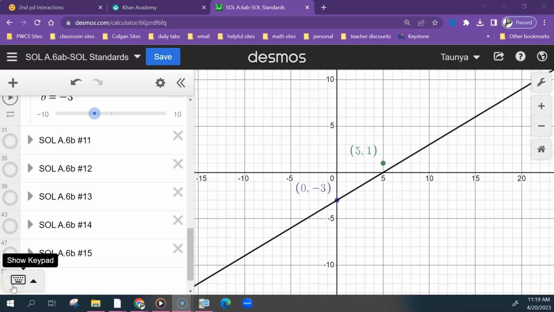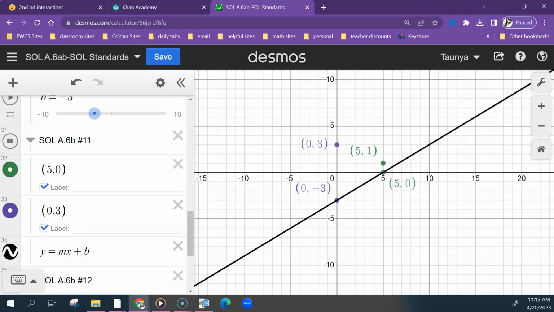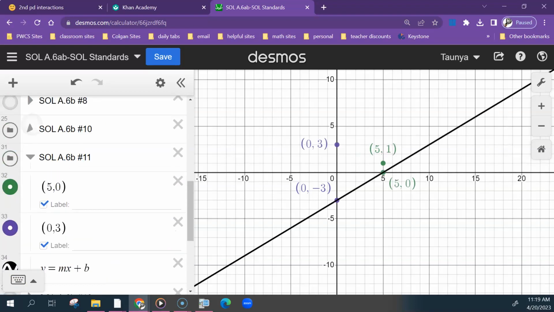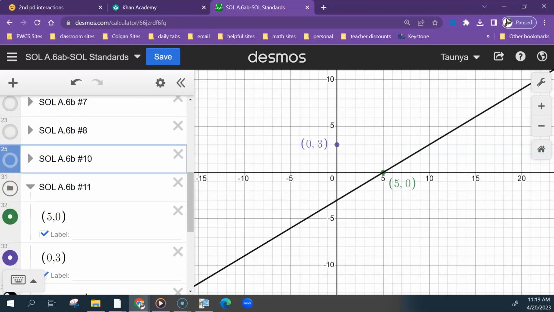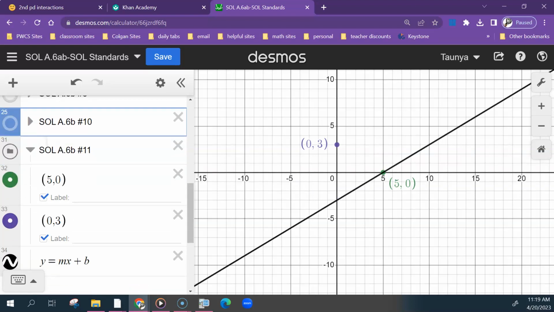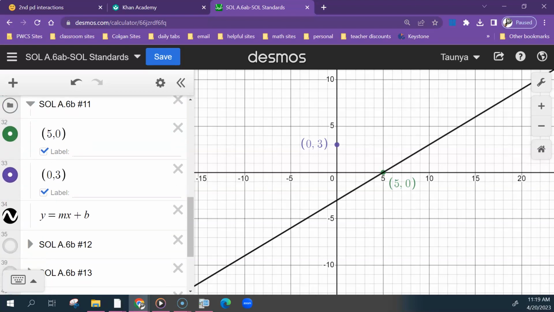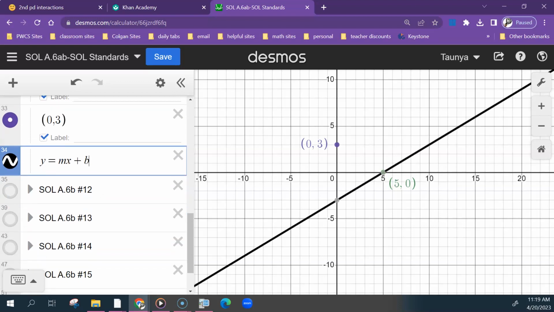Let's finish these and then we will move on. For 11, you have your 2 points, so you can graph those. This did not go to the sliders. That's weird.